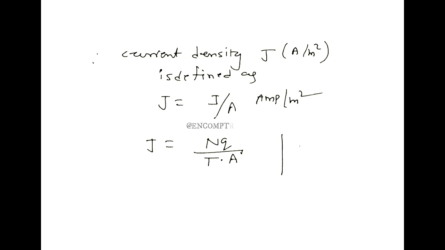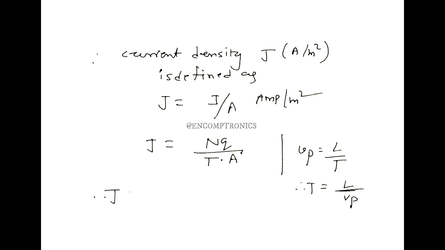But we know that drift velocity is L by T. Therefore, T is equal to L by drift velocity.